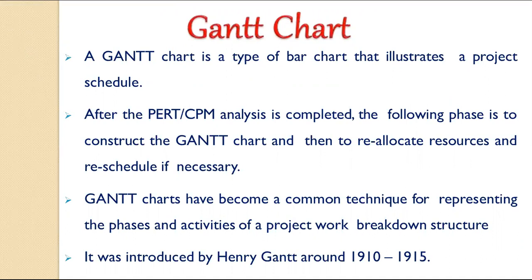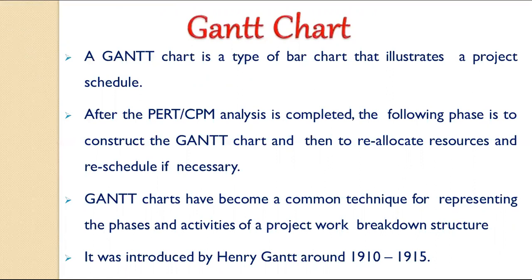After the PERT or CPM analysis is completed, the following phase is to construct the Gantt chart and then to reallocate the resources and reschedule, if necessary. Gantt charts have become a common technique for representing the phases and activities of the project work breakdown structure. They were introduced by Henry Gantt around 1910 to 1915.